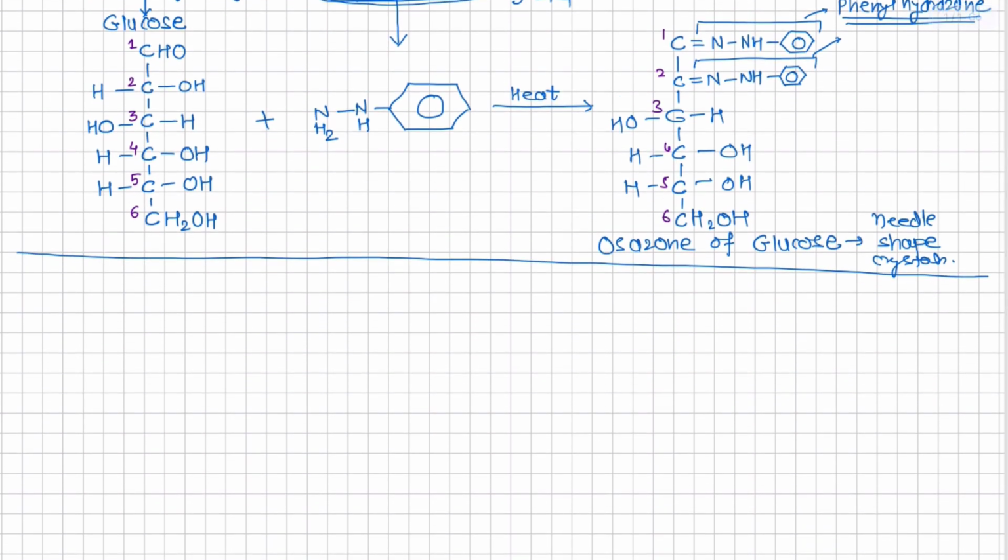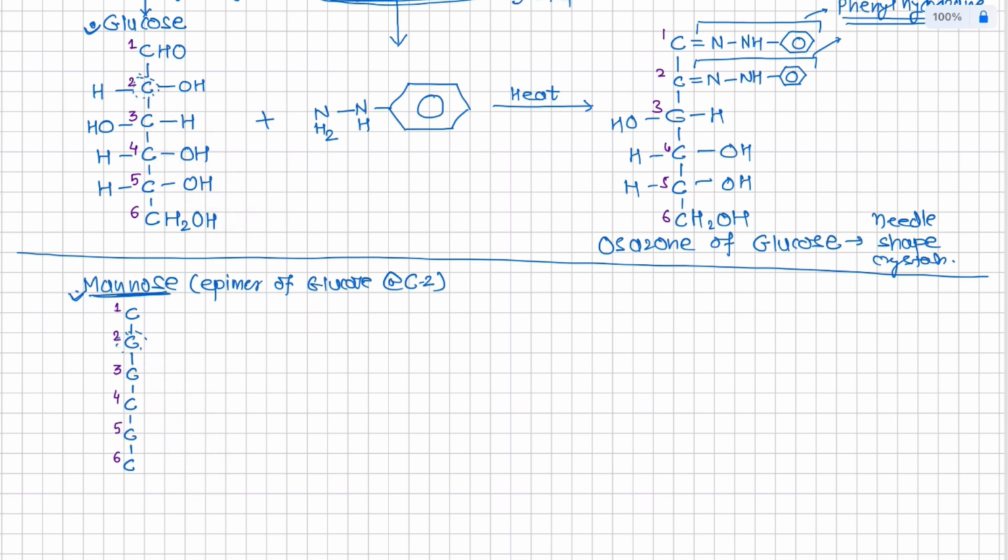So for that, first let's draw the structure of mannose. Mannose also has 6 carbons numbered from top to bottom. So this is first, second, third, fourth, fifth and sixth carbon. Now mannose is an epimer of glucose at carbon 2. What does it mean? It means mannose and glucose differ only in the configuration of the hydroxyl group at carbon number 2.